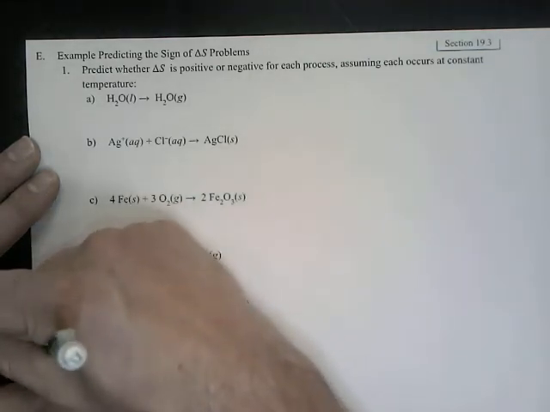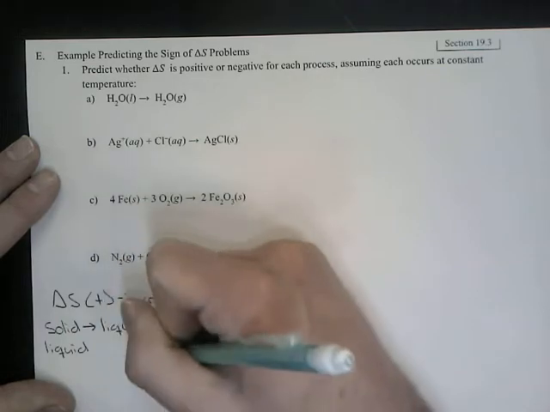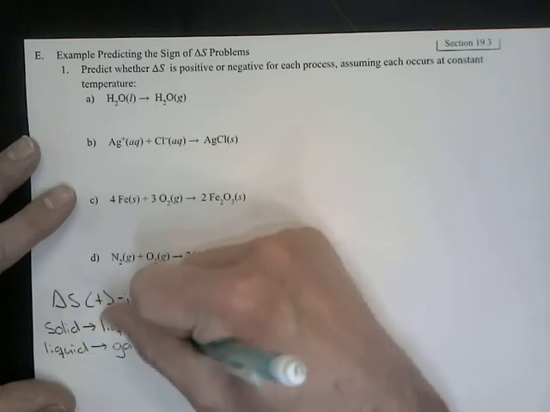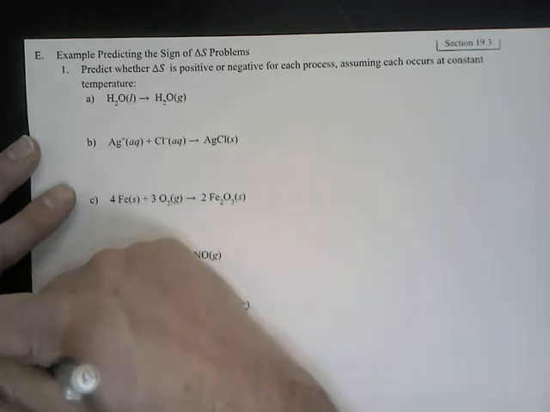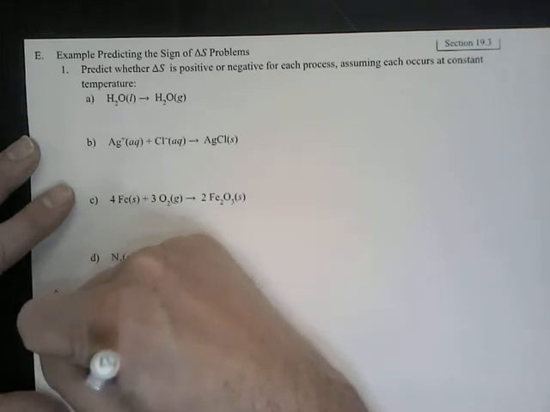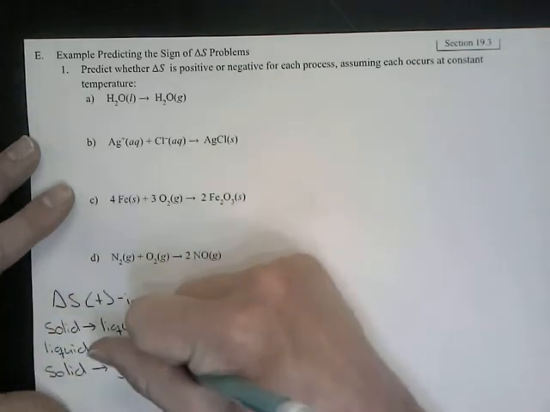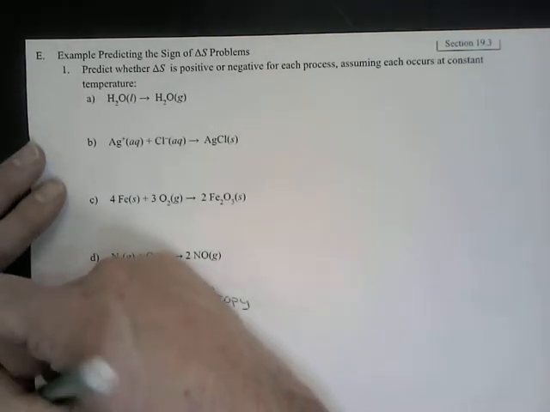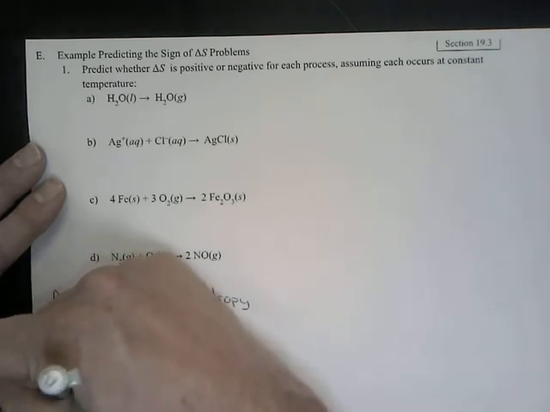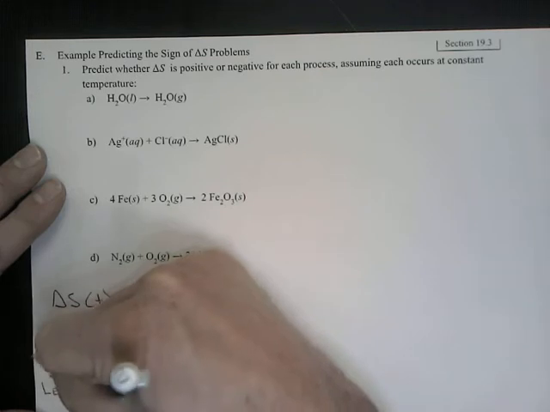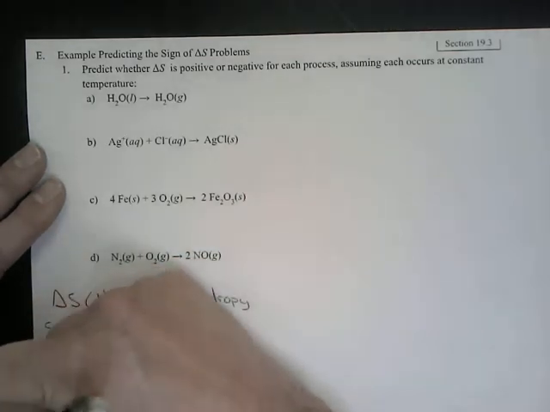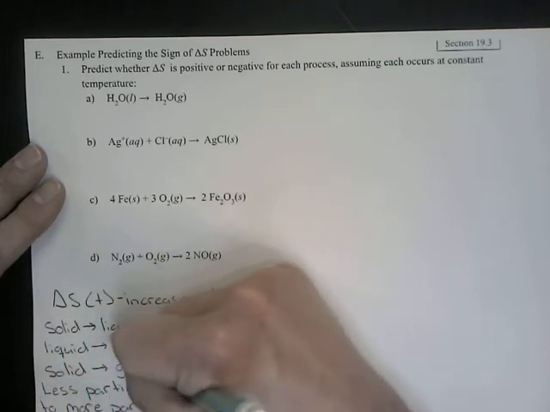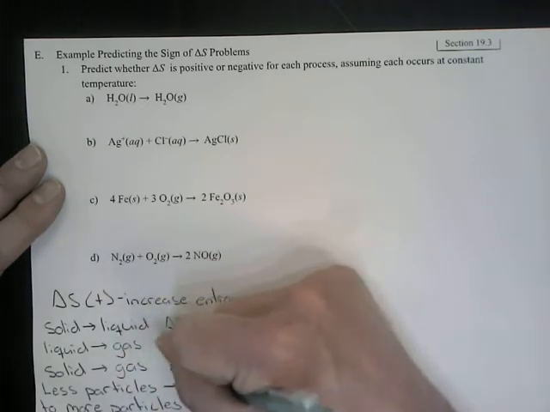When a liquid goes through a phase change to become a gas, delta S is positive. When a solid goes straight to being a gas, our delta S is positive. And if we go from less particles to more particles, your delta S is positive.